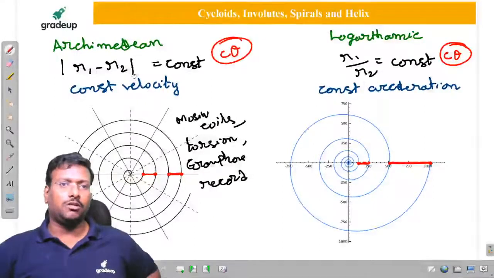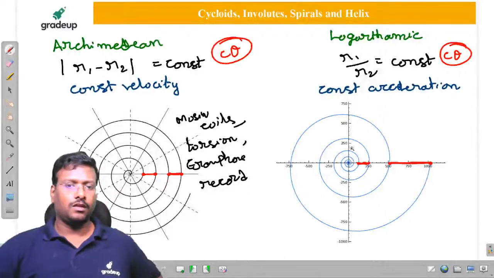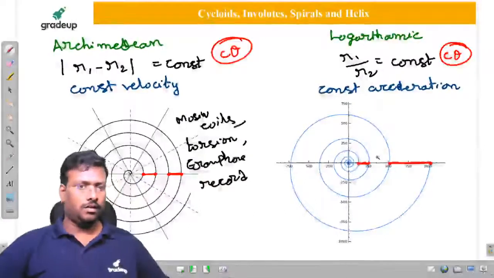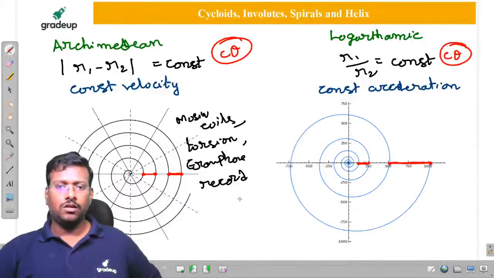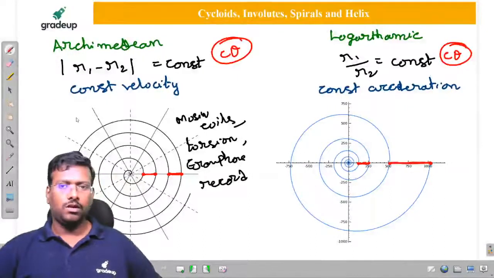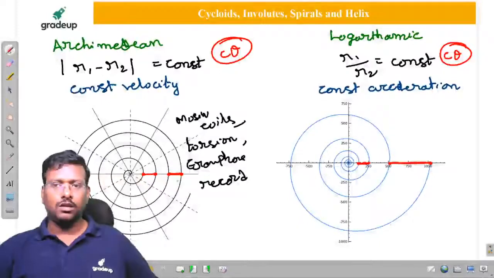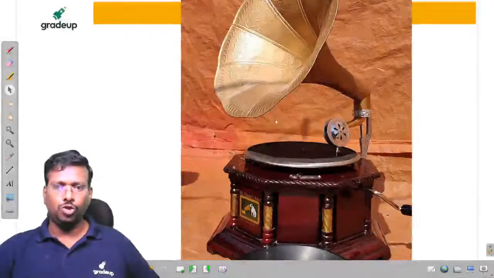I hope you have already observed that. I will show that. My God, this size is very huge.